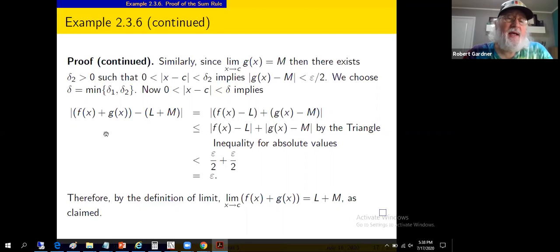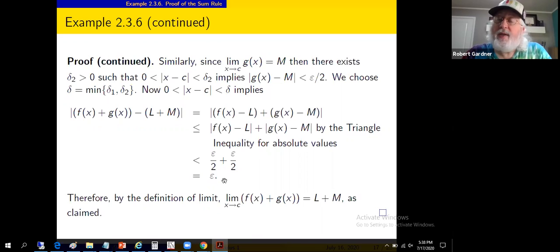We know something about f and we know something about g, so let's separate them. I know f of x gets close to L, so let's rearrange this and associate f of x and the negative L, and g of x and the negative m that comes from the distribution. I know f of x gets close to L, I know g of x gets close to m, so this whole thing ought to get close to 0.